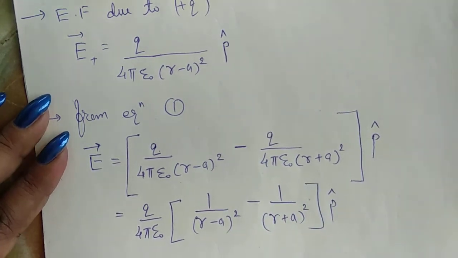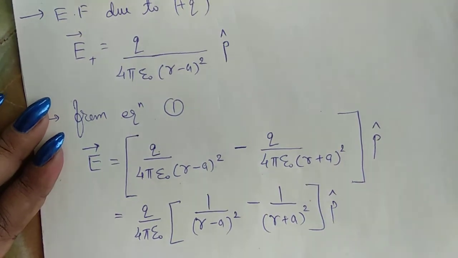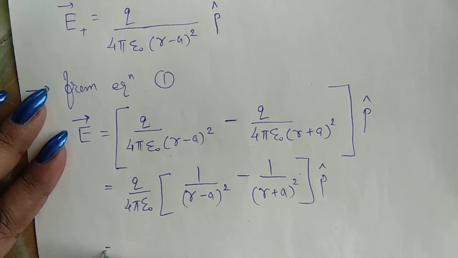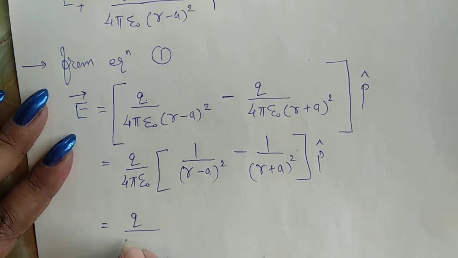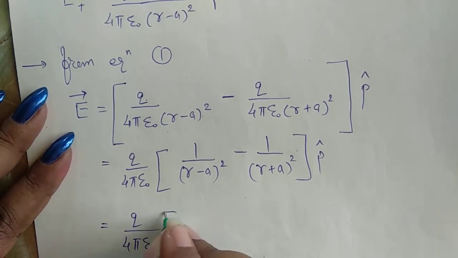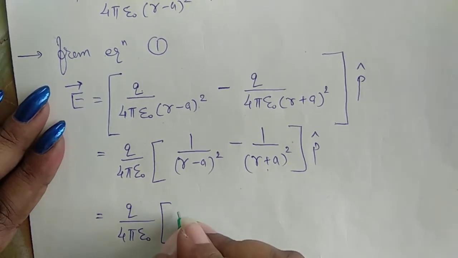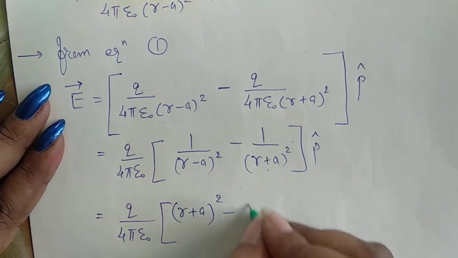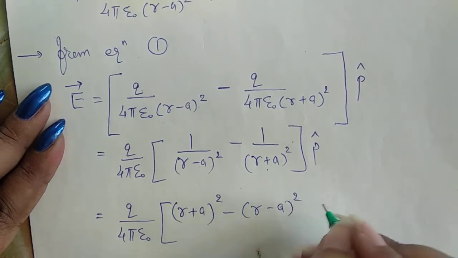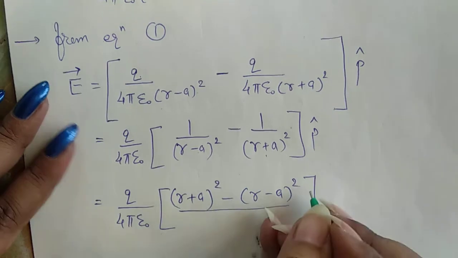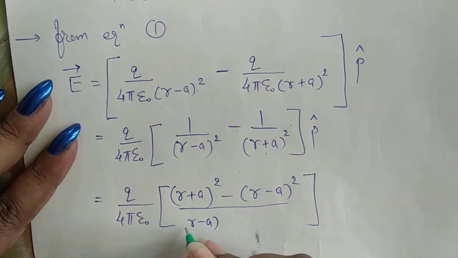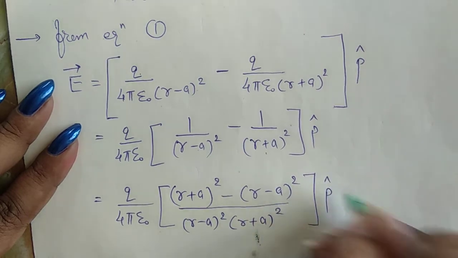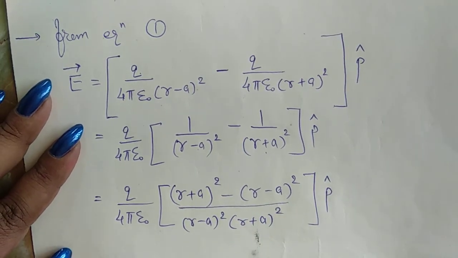Okay, so we are left with these terms. Now we'll simplify them. We'll take LCM over here. So this goes here and this goes here, multiplied by (r plus a) whole square. p cap remains as it is.